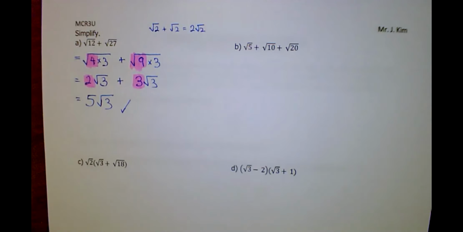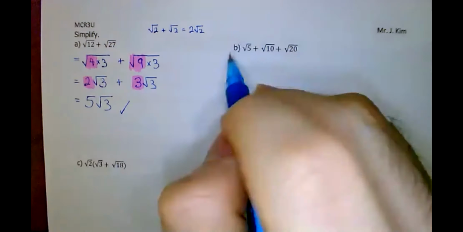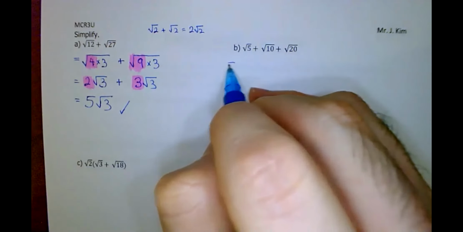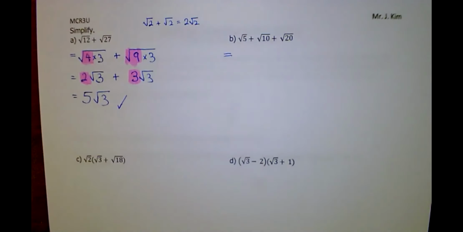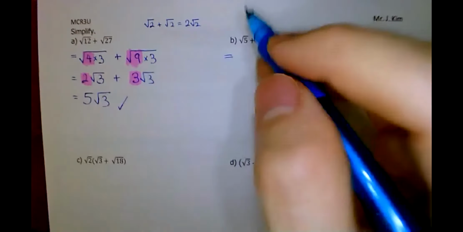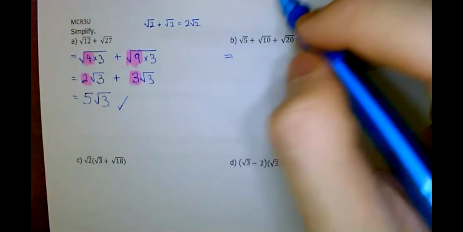While people might be copying, could you take a look at B? It's the same situation where you can't add it right away, but before you come to that conclusion, maybe you want to try reducing some of them. What do you think? Could you turn 10 into root 2 times root 5, even though it's not a perfect square? You can, but it doesn't actually help us.